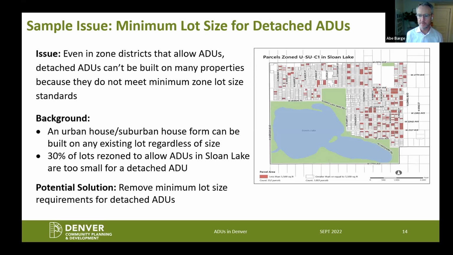One example is in Sloan Lake, which within the last couple of years was rezoned to allow ADUs by Councilwoman Sandoval. On the map on the right-hand side of this slide, you're seeing all of the lots that are zoned to allow ADUs that are actually too small to permit one. And that's 30% of all the lots in Sloan Lake. So the potential solution here, and this is one where, at least so far, we're hearing pretty positive things about it, is to simply remove the minimum lot size requirements.